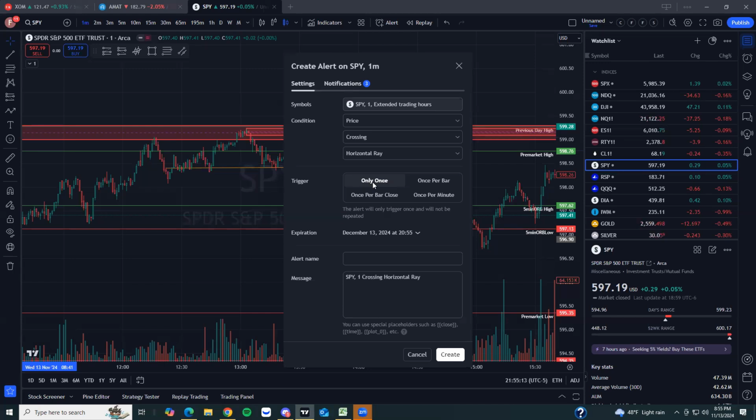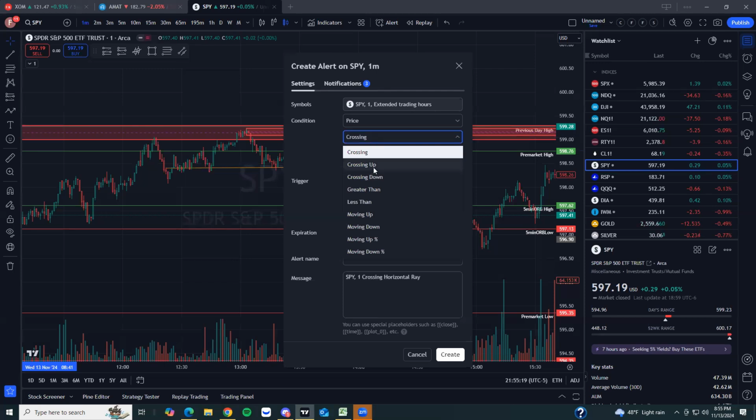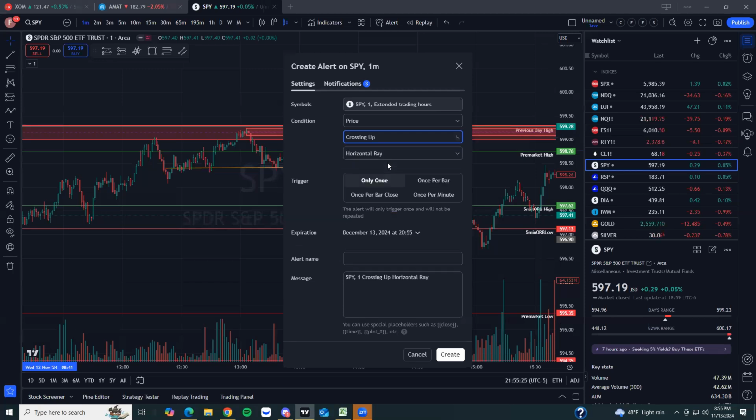You can have it trigger: one's per bar close, one's per minute, when it crosses, when it's crossing up, when it's crossing down, when it's less than a certain amount. When price action crosses it, it'll start signaling an alarm on your screen if you're on a computer. And if you have the mobile, it'll show up on the mobile too.